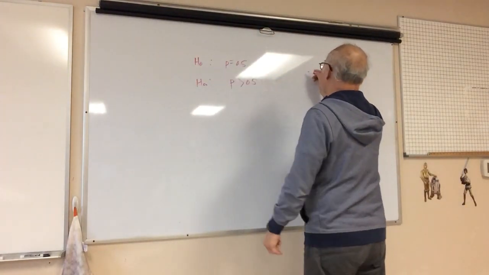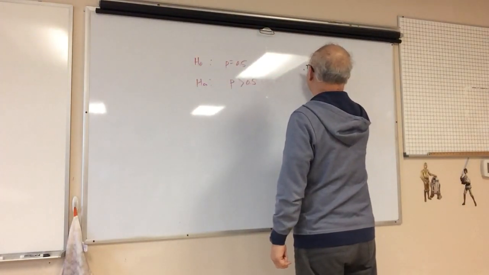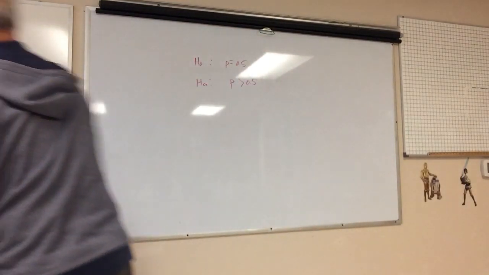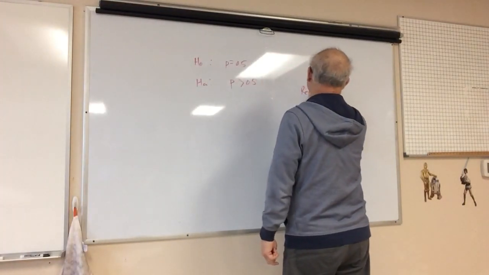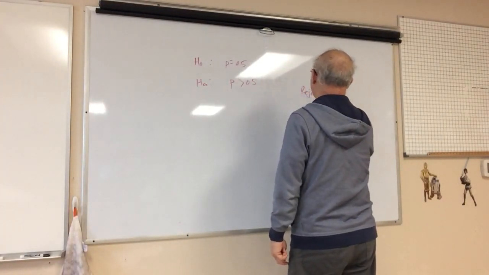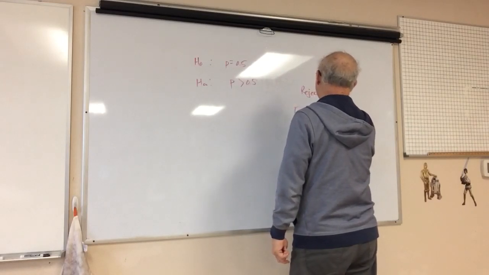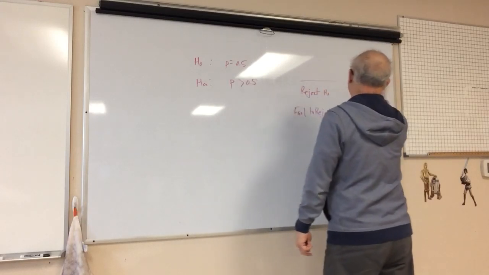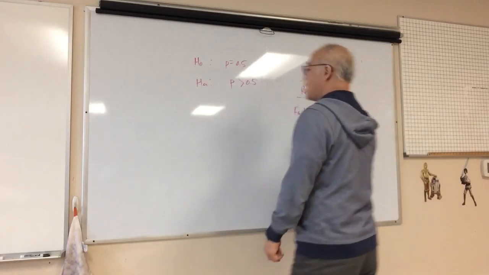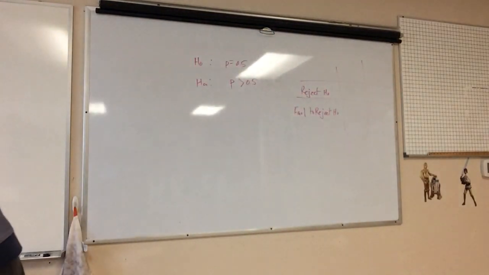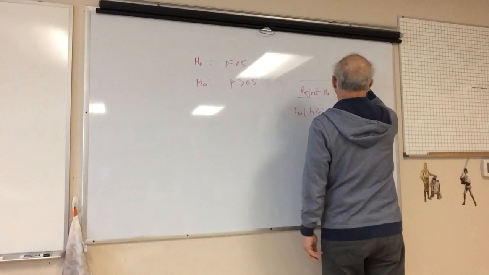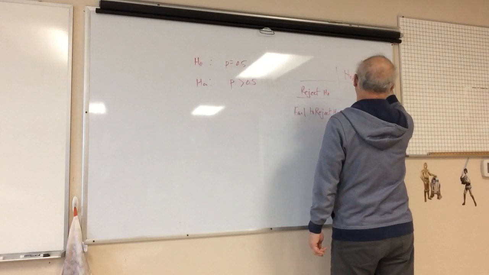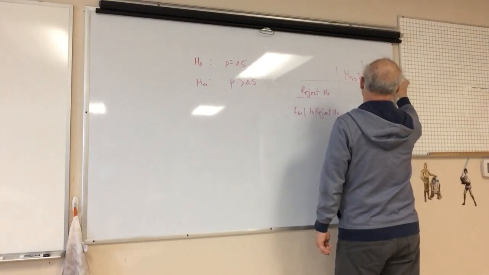So a type 1 error. We're on top of page 368. We are either going to reject H0 or fail to reject, right? Here on the columns, we have H0 is true, and here we have H0 is false.